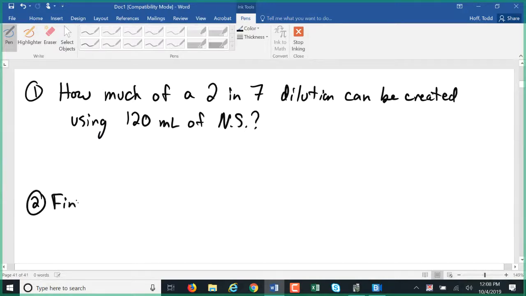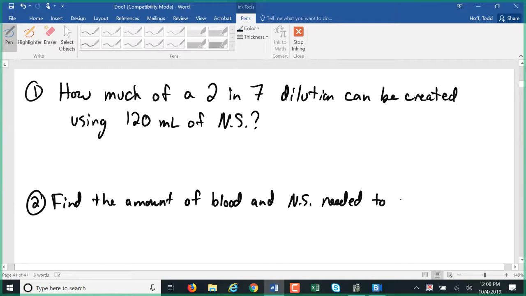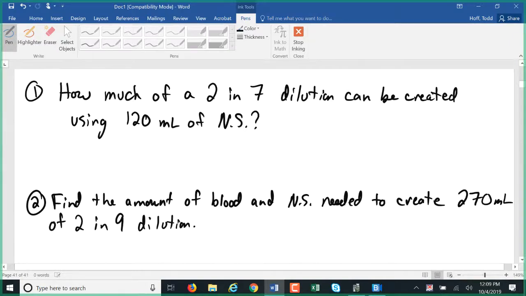And find the amount of blood and the amount of saline needed to create 270 milliliters of a 2-in-9 dilution. Give you a minute or two to work on those, then we'll go over them.